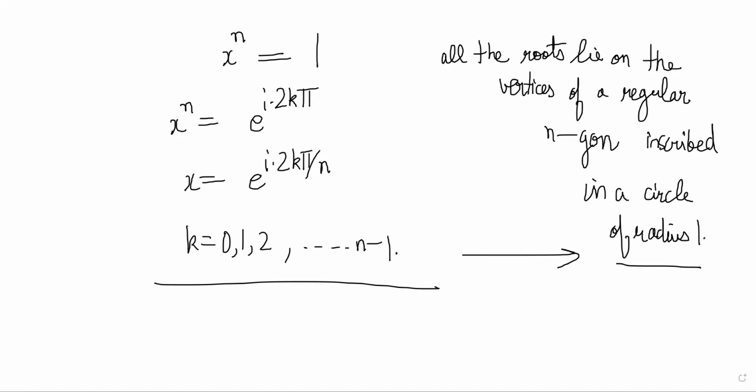Would the subsequent roots be named omega square, omega cube? Omega square and all are only for the x cube equals 1 equation. You can call it anything.